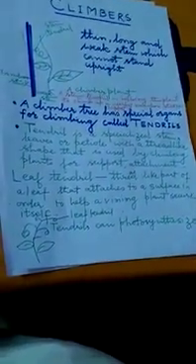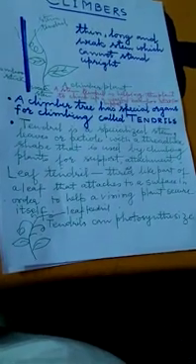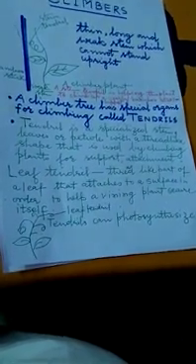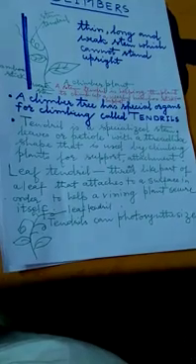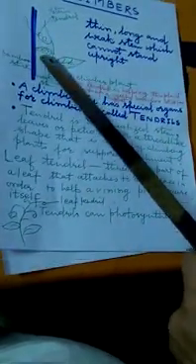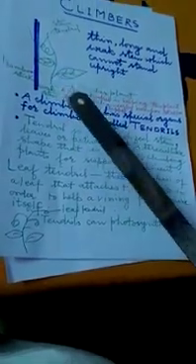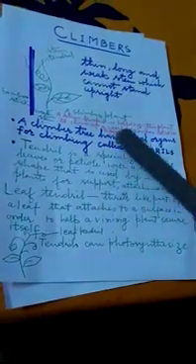There are two types of tendrils. They are stem tendrils and leaf tendrils. The tendrils of climber plants wind themselves around any neighboring object and help the plant to climb up.